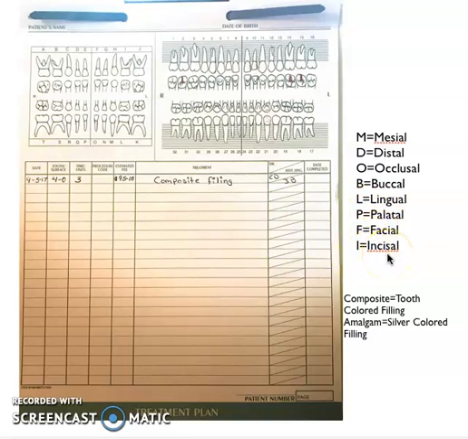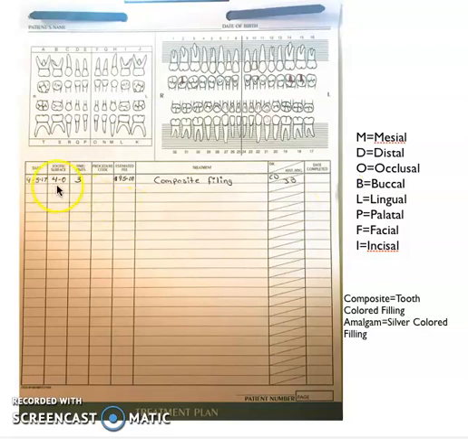Now I'm sure Dr. Foster has already combined these surfaces with you. We may have an MO. That would be a mesio-occlusal. We might have an MOD, mesio-occlusal distal. So we can combine these surfaces to make larger areas of the filling.